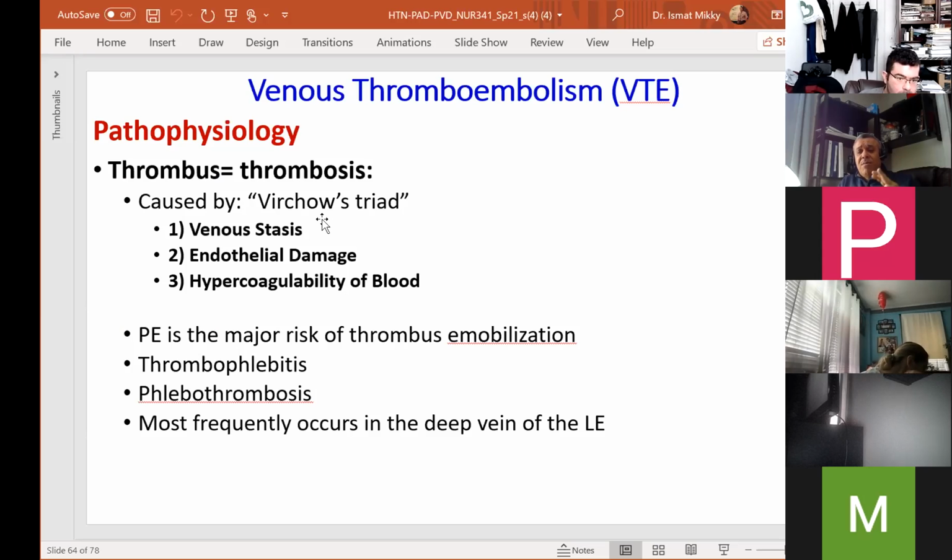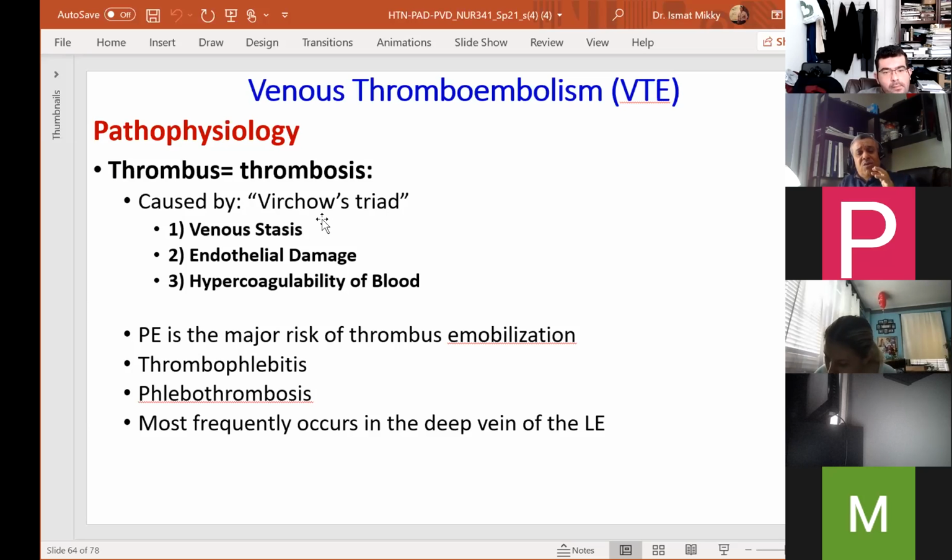Remember the Virchow triad, why a blood clot would form, because we have one or more of these 3 factors: blood stagnation, venous stasis; damage to the endothelial lining of the blood vessel, endothelial damage; and hypercoagulability of the blood, an increased rate of coagulation.